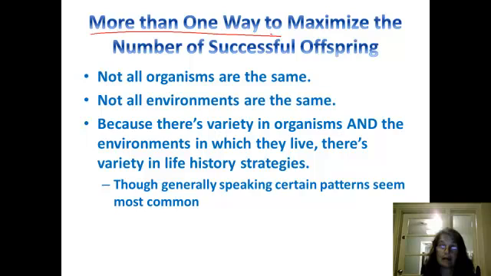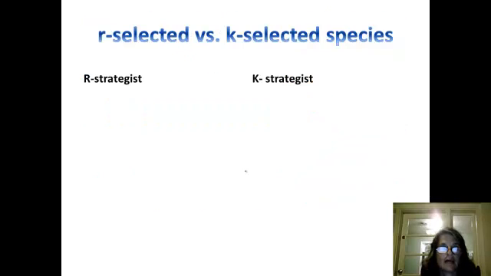We aren't going about replenishing our population in the same way. We do it differently, but we get the same successful result. So, remember, not all organisms are the same, not all environments are the same, and because of all this variety, there's lots of variety in life history strategies. There is no one right way to do it, but there are certain patterns, okay?